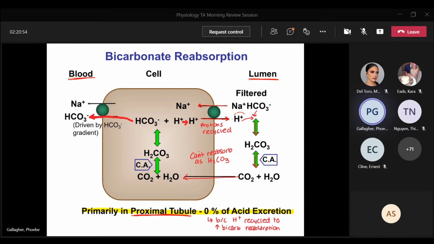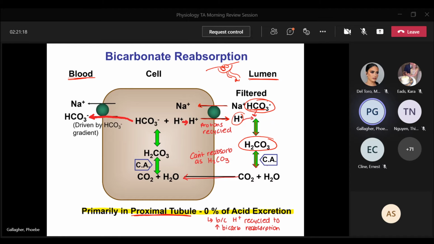So this proton is going to bind to the bicarbonate that has been filtered. So upstream you have your glomerulus with your glomerular capillaries, your efferent and afferent arterioles. They're going to take out some of this bicarbonate. So this is the bicarbonate that you have filtered out at the glomerulus. It's going to bind to this proton and become carbonic acid.